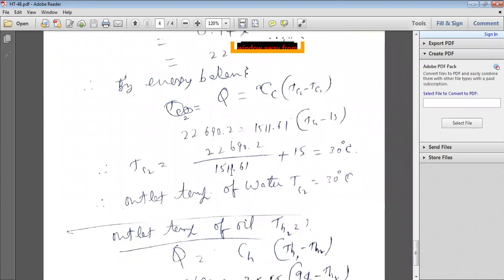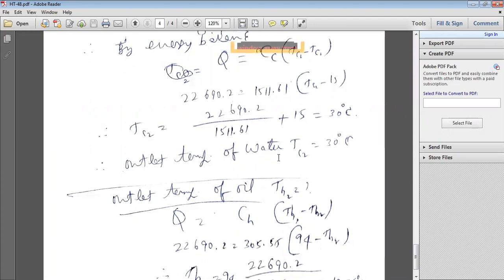From this, you can get the temperature of the cold fluid outlet, TC2, is equal to 22,690.2 divided by 1511.1 plus 15. Then you will get the outlet temperature of the cold fluid, that is water here, TC2, you get 30 degrees centigrade.